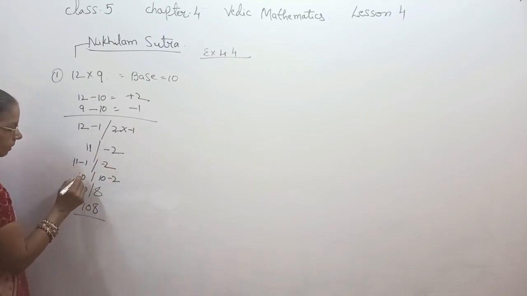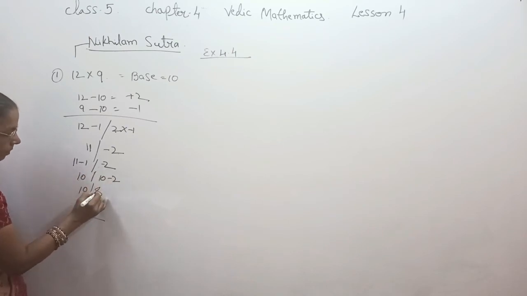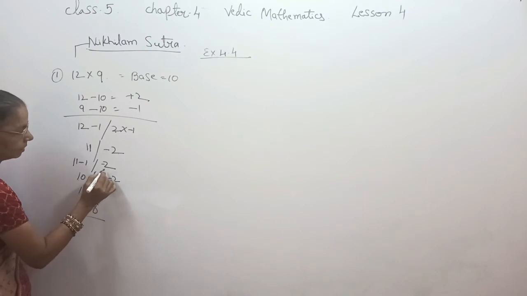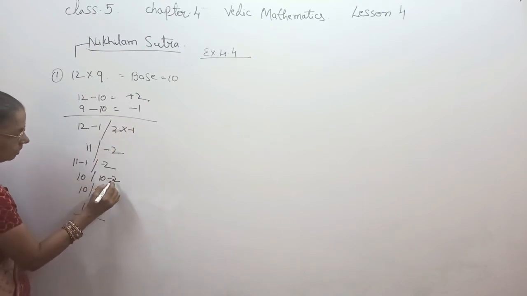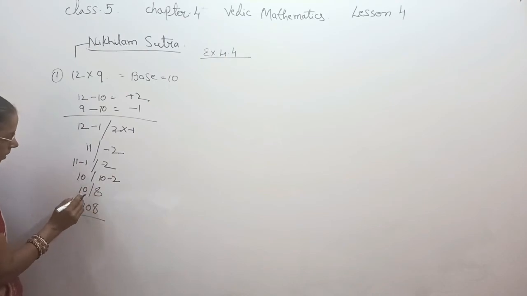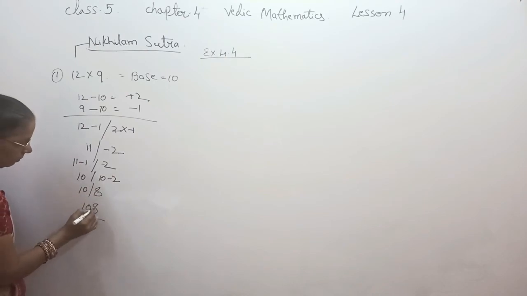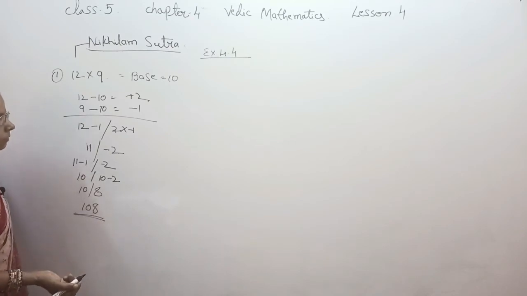Now 11 minus 1 is 10. Now we make the right side positive: the base is 10, so 10 minus 2 is 8, and here it is 10. Now we add it, and we get the answer 108.